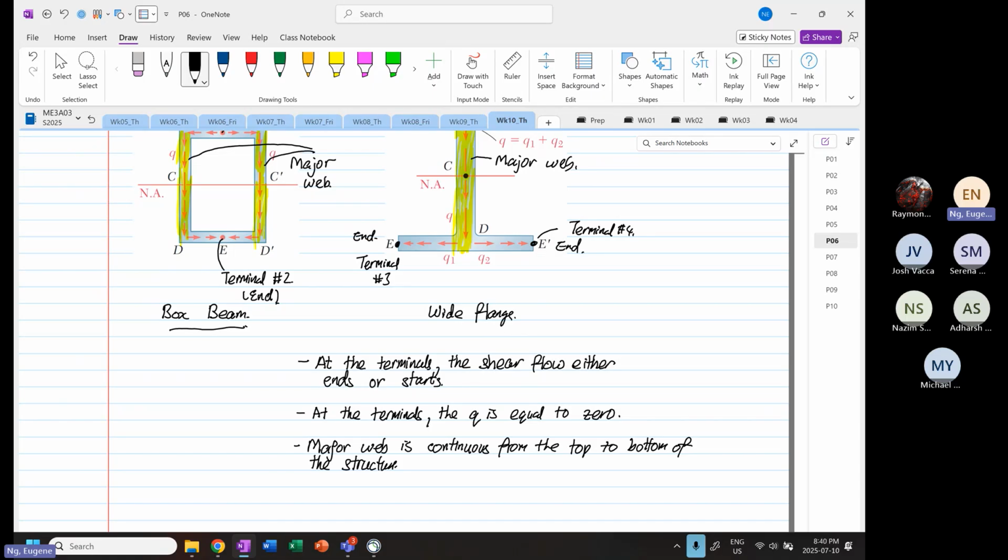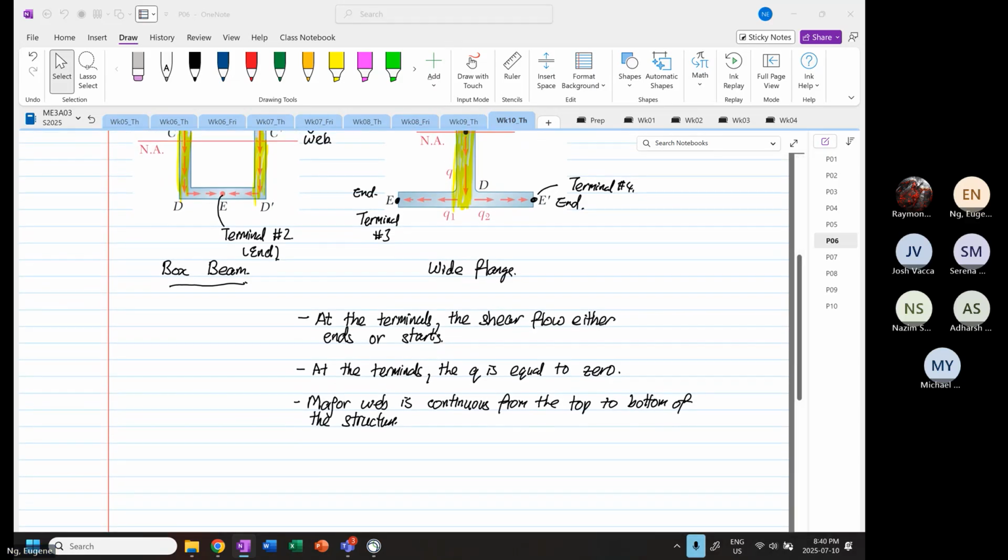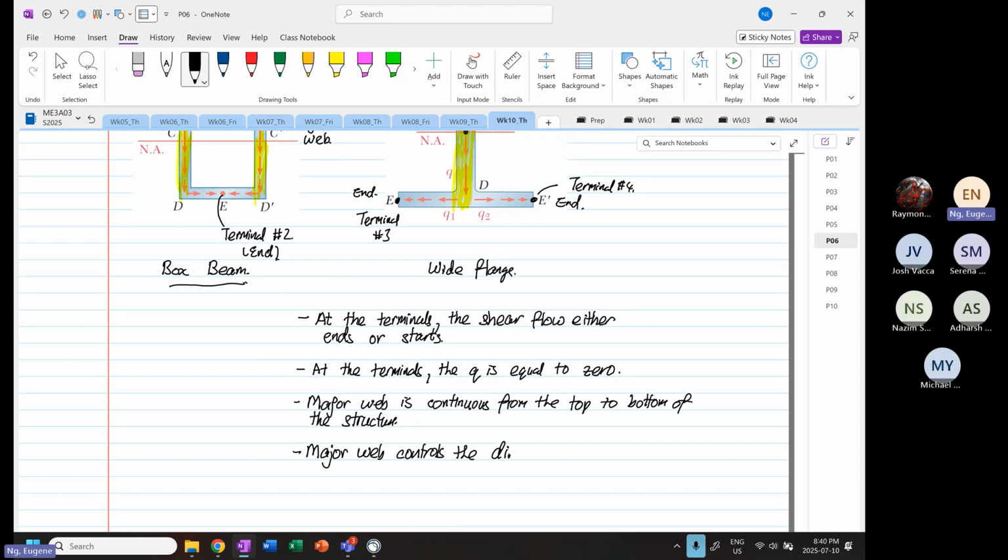And what we can see over here is that the major web controls the direction of the shear flow. What do I mean by that? The major web controls the direction of a shear flow.